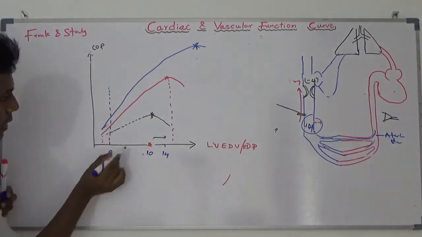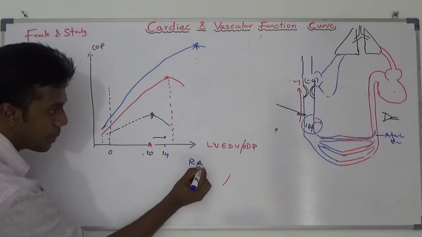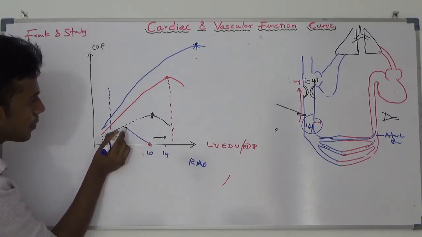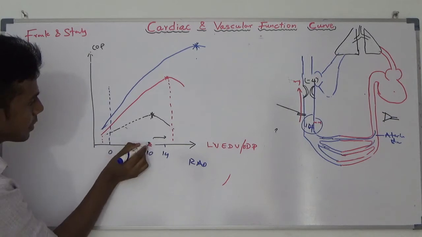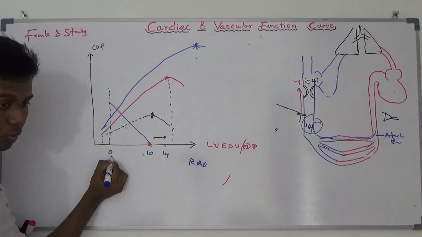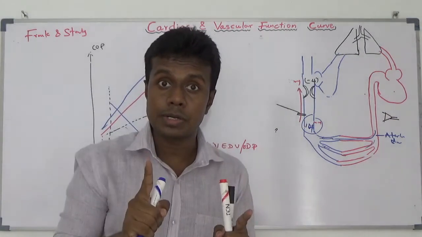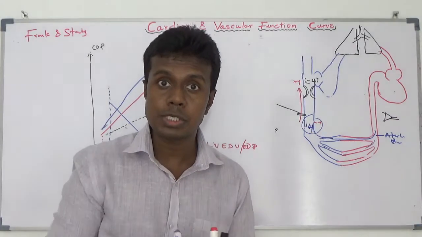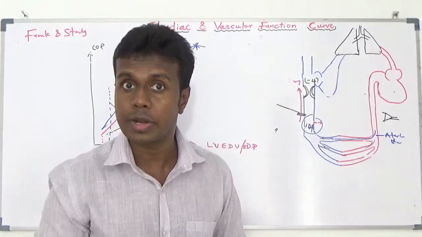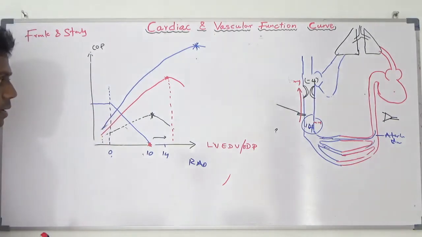Gradually, when you reduce the right atrial pressure, venous return gradually increases. Once it comes to 0, even though you decrease right atrial pressure to subatmospheric pressure, you can't get much more venous return because of the greater vein collapse. Because of the greater vein collapse, venous return is not going to change.